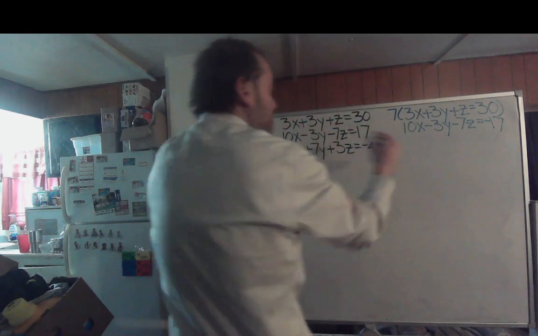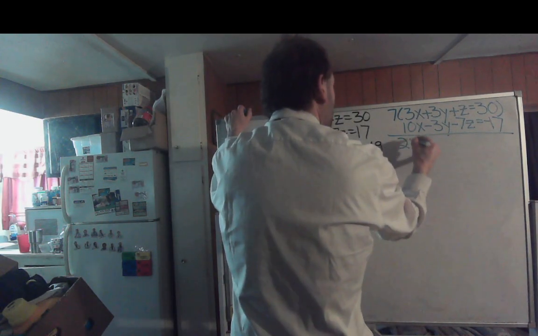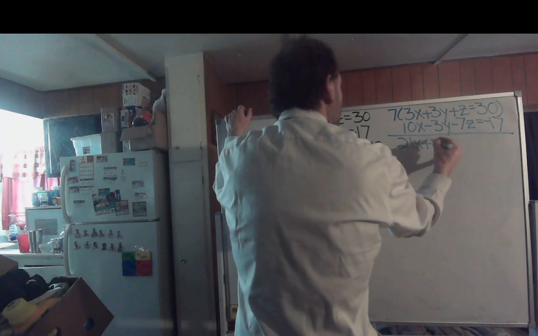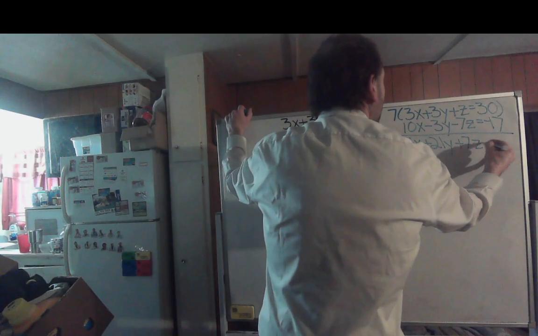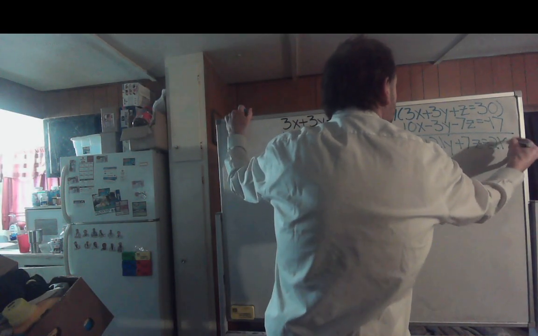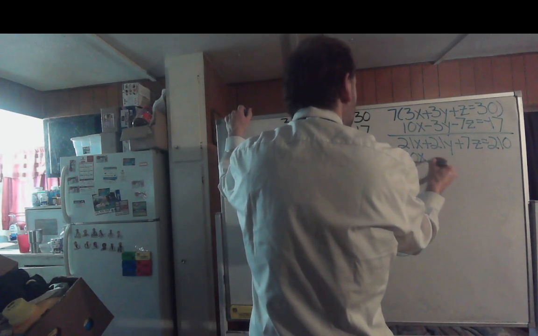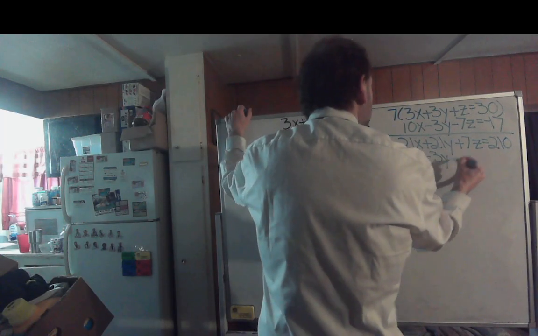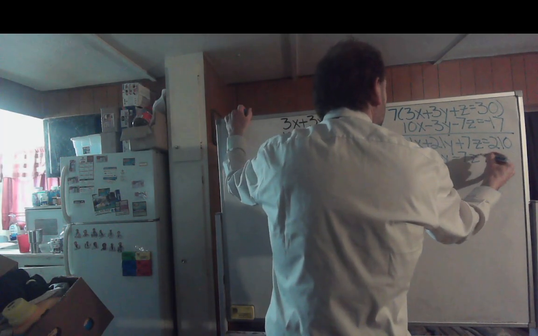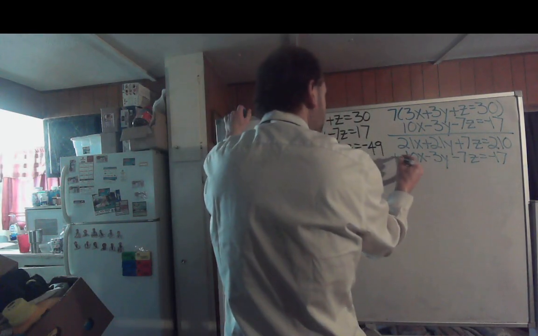Alright, so if you multiply that entire first equation by 7, you end up with 21x plus 21y plus 7z is equal to 210. Keep your 10x minus 3y minus 7z equals 17 the way it is. Now you can just simply add these two equations and get rid of your z variable.